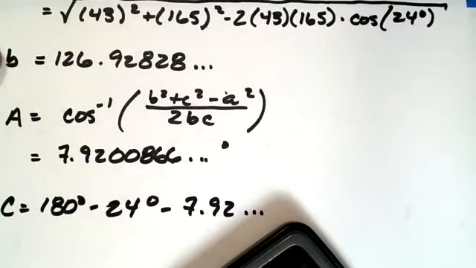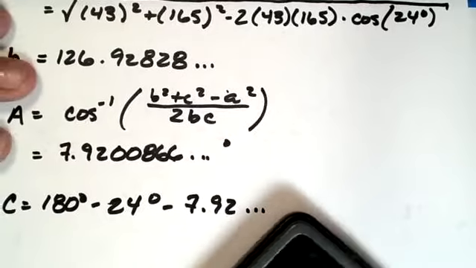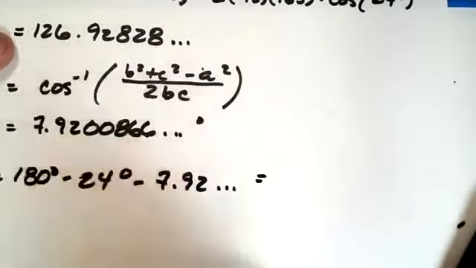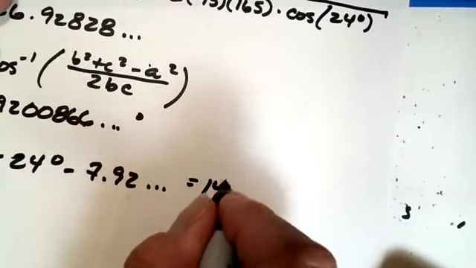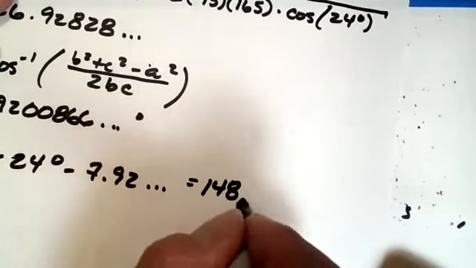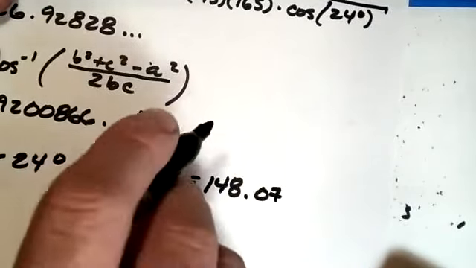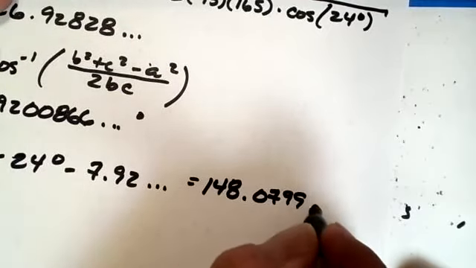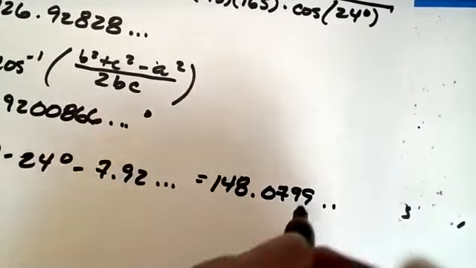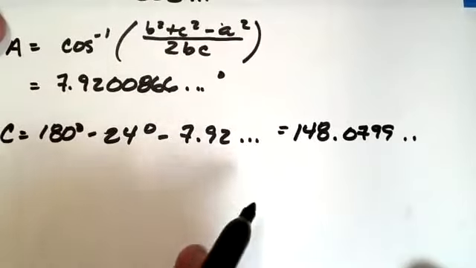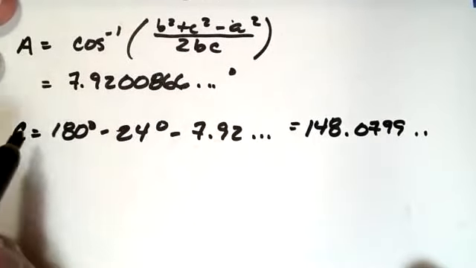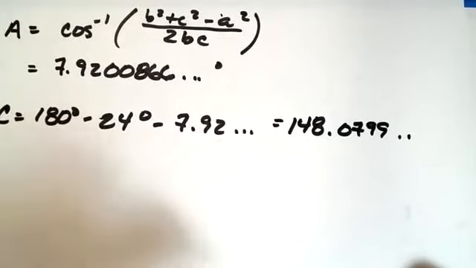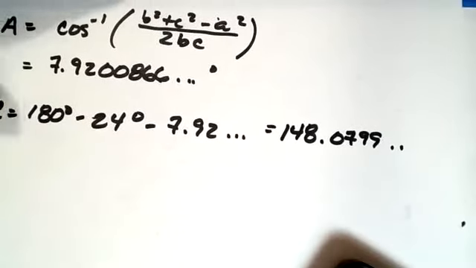So I would come up with 148.0799, etc. Notice that that's an obtuse angle. And this is a quick and dirty calculation. But because I have the ability to check, I probably should check.